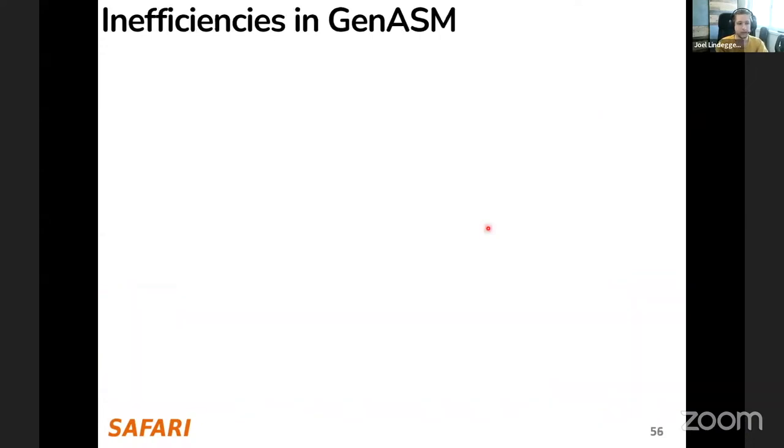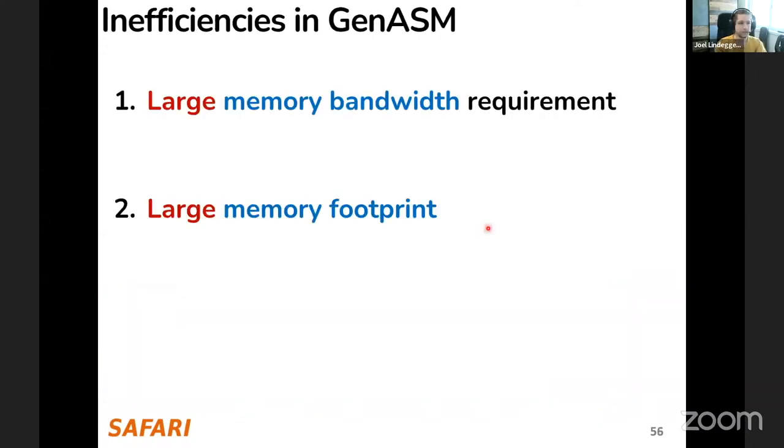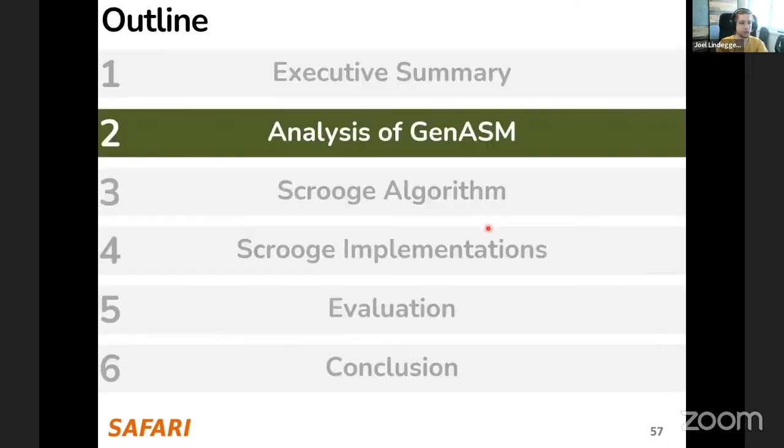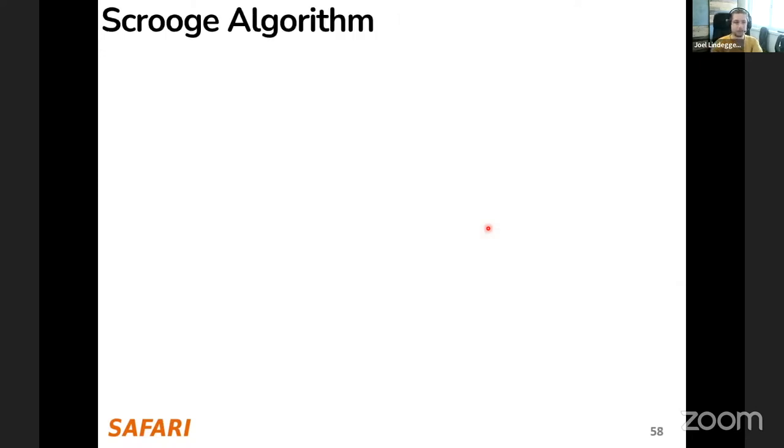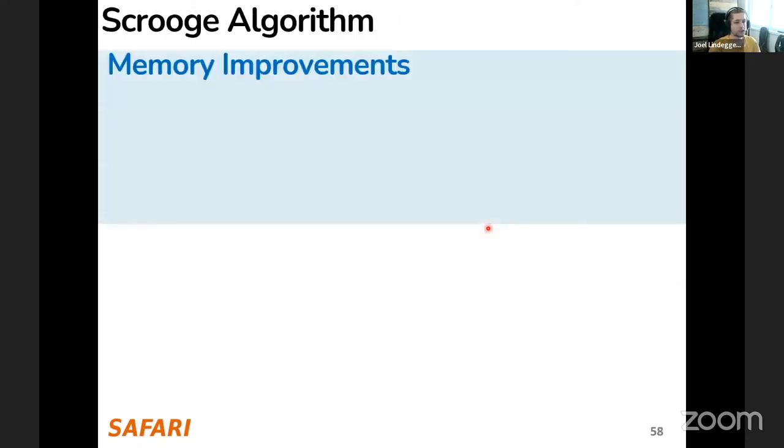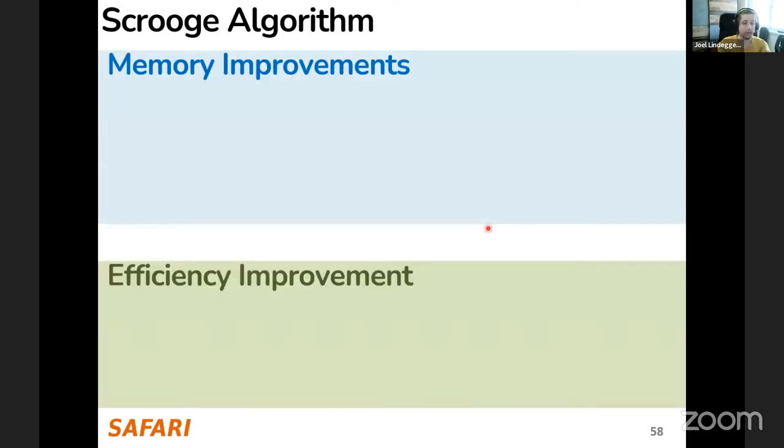Okay, so in summary, we have 3 inefficiencies in the GNASM algorithm: a large memory bandwidth requirement, a large memory footprint, and some unnecessary work. To address these inefficiencies, we propose Scrooge. Scrooge consists of memory improvements and efficiency improvement.